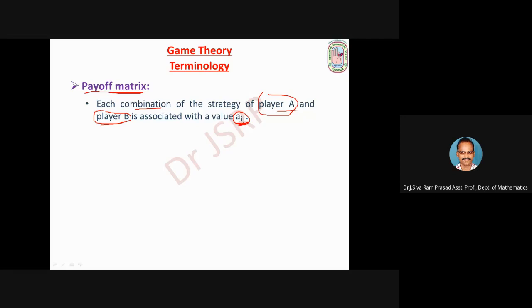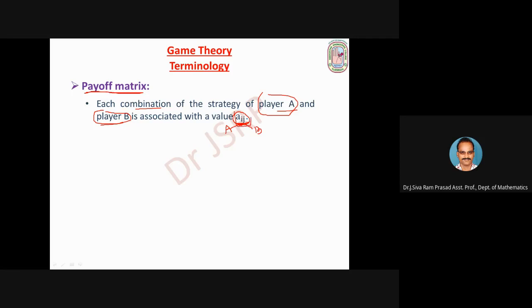Here we have two suffixes: the first suffix i refers to player A, and the second suffix j refers to player B. That means Aij means if player A selects the ith strategy and player B selects the jth strategy, then the corresponding output is Aij.